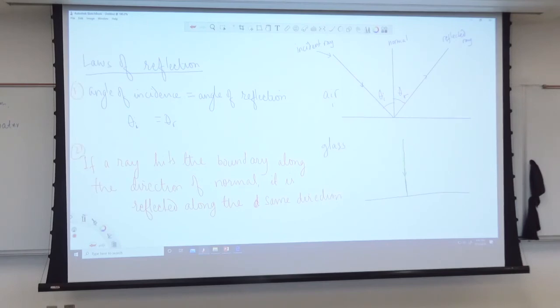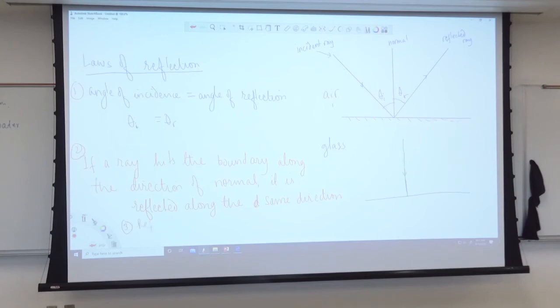Now the third one is, this incident ray, reflected ray, and normal, they meet at a common point on this reflecting surface. That's the third one. Okay.